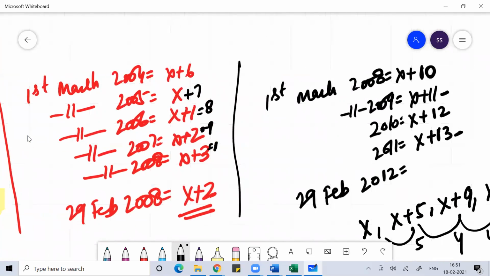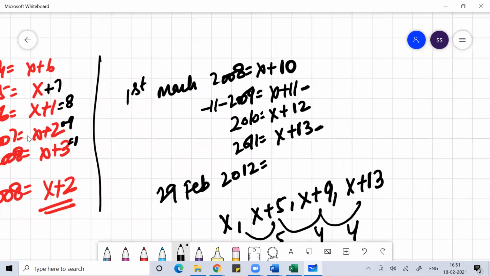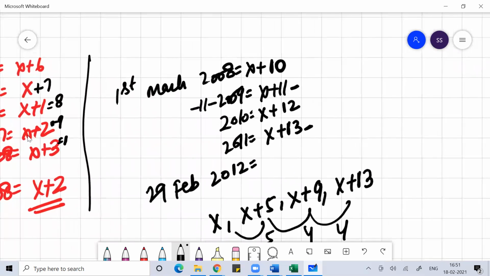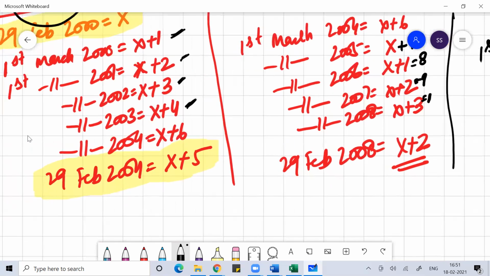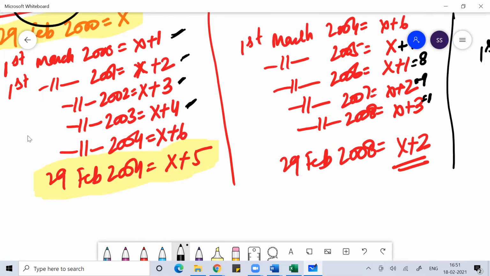I found x plus 12 is 13. So you found x plus 12 is 13.